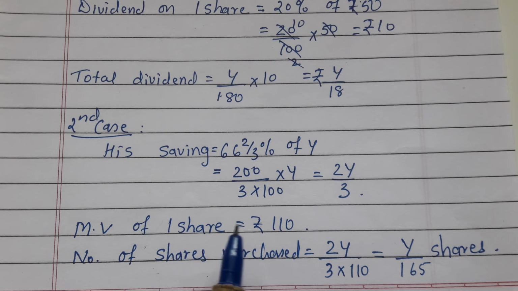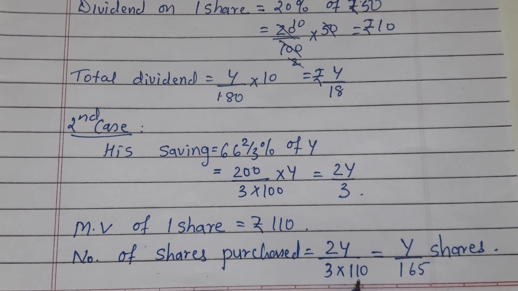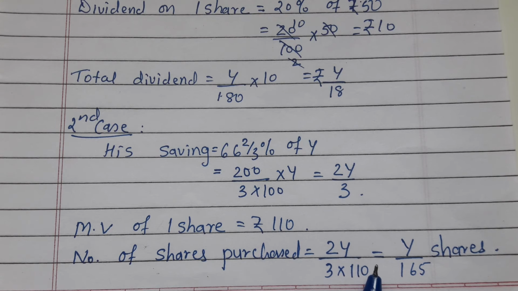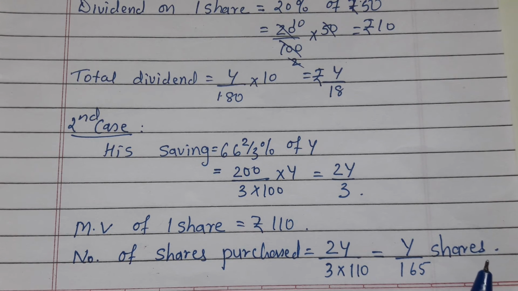MV of one share rupees 110. Number of shares purchased, total investment 2Y upon 3 into 1 upon 110, that is equal to Y upon 165 shares.